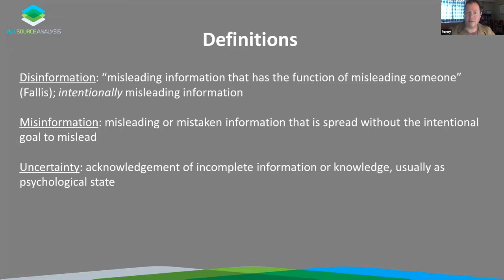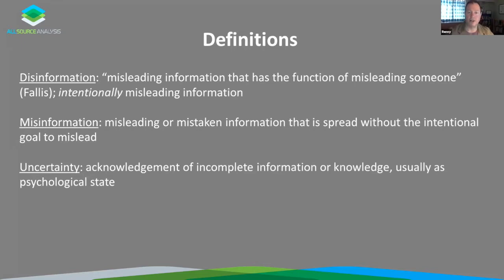And last, an important aspect of both disinformation and misinformation is the idea of uncertainty. Uncertainty here, when it's used in this presentation, means the acknowledgement of incomplete information or knowledge about something. And usually it is used to talk about a psychological state, people feeling uncertain, people feeling unsure.